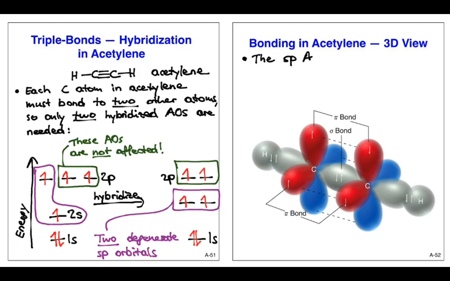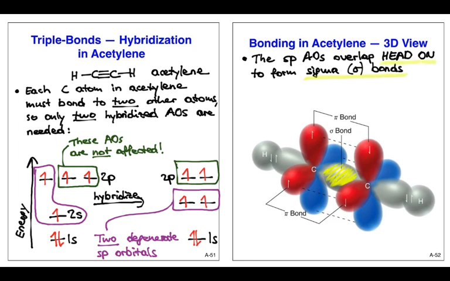Then, analogous to the pi bond in ethylene, we can generate the bonding in acetylene. Here we now have the sp orbitals. They overlap head-on to form sigma bonds, like before. So here are the sigma bonds: the sigma bond between the carbon atoms, a sigma bond that makes the CH bond, and another CH bond.